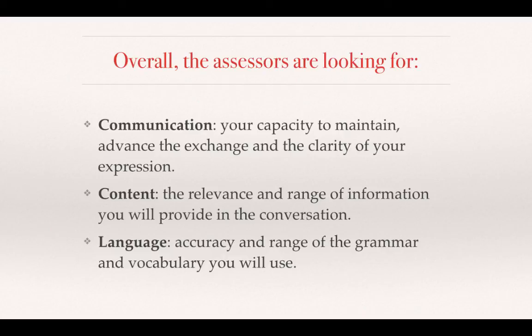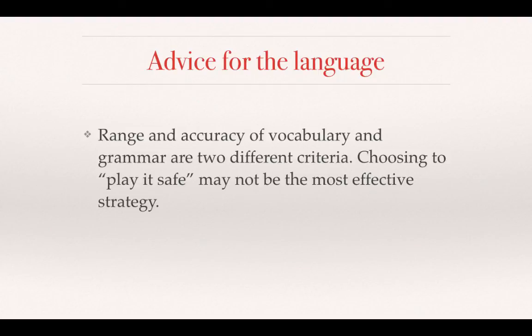Now, with the language, there are a few tips that I can give you. The first one: you need to understand that range and accuracy are two different criteria. They will look at the range of vocab, the range of grammar, the accuracy of your vocab, and the accuracy of your grammar.